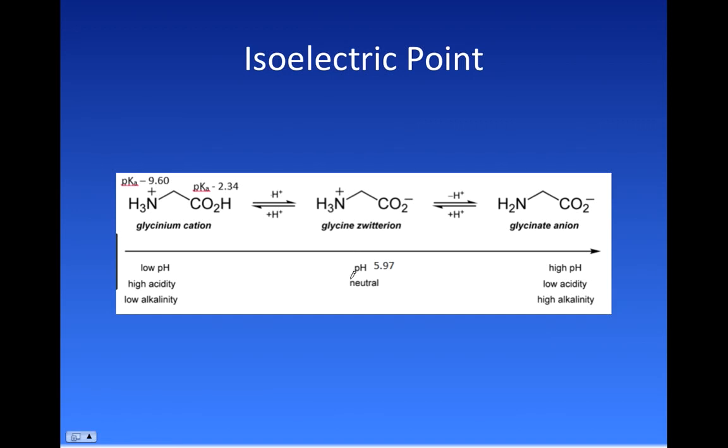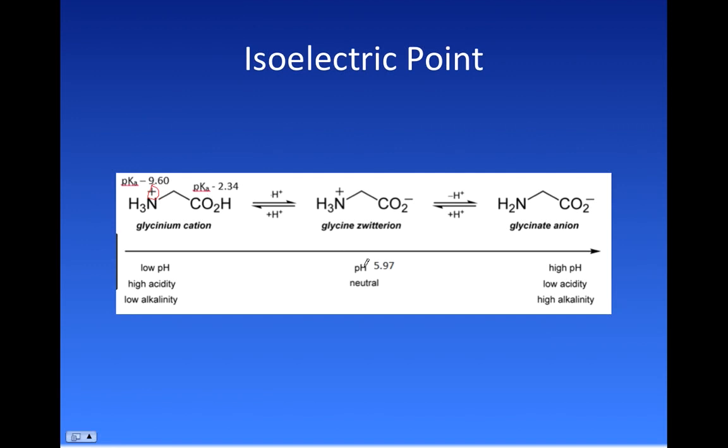Now, what happens if we are at a pH that is not equal to the isoelectric point? Well, it means that the overall charge on our molecule isn't neutral anymore. So if our pH is lower, that means we're in a more acidic environment, and our molecule is going to tend to have a net positive charge.